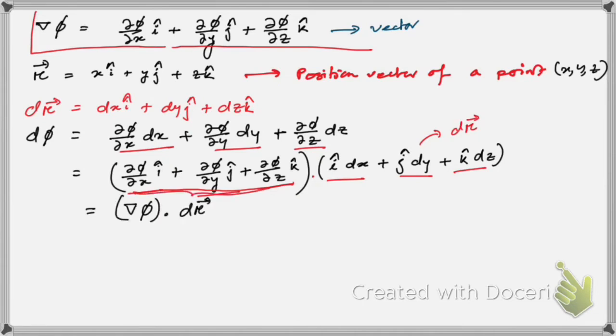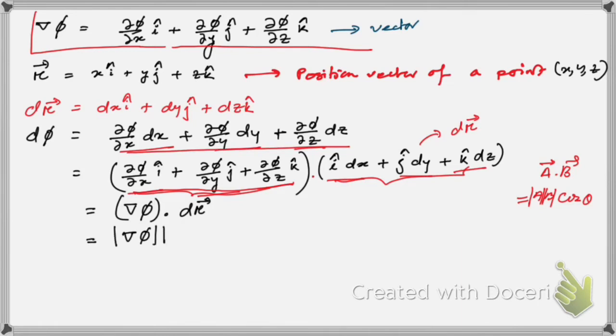So we can write it this way, a dot product of these two vectors. And the dot product of two vectors a dot b is given by what? ab cos theta, or you can say magnitude of a into magnitude of b cos theta, right? So in that case we can write here magnitude of grad phi into magnitude of total derivative of r cos theta.